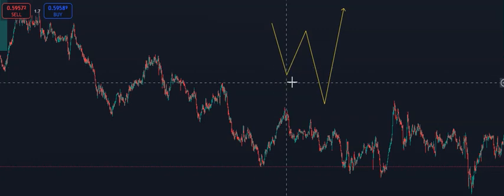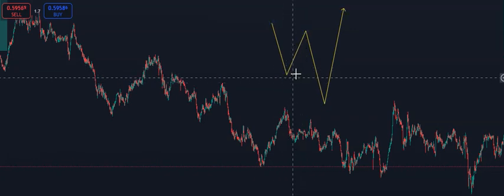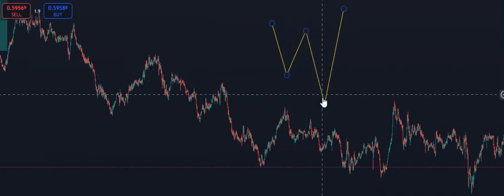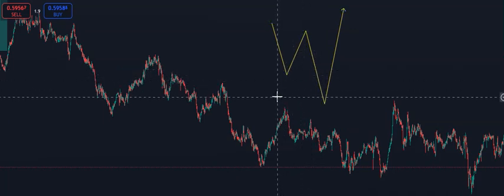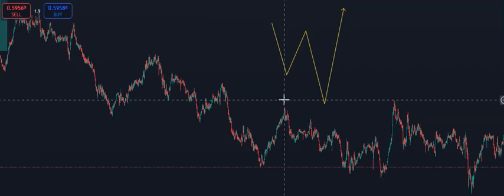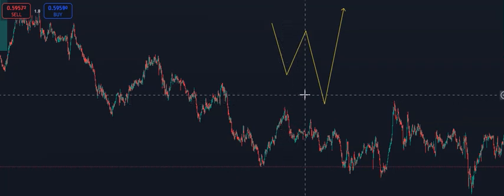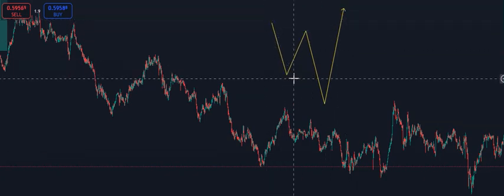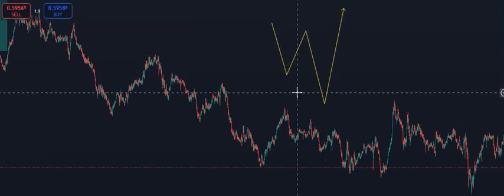And those looking to buy and have placed their stop losses under these previous lows have their stop loss hit, somewhere down here. So price reverses, and then they've grabbed both buy side liquidity and sell side liquidity.